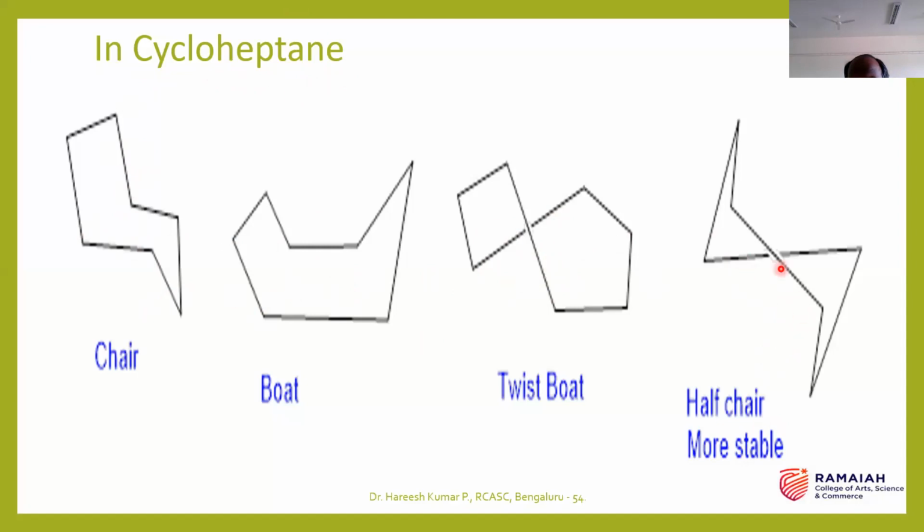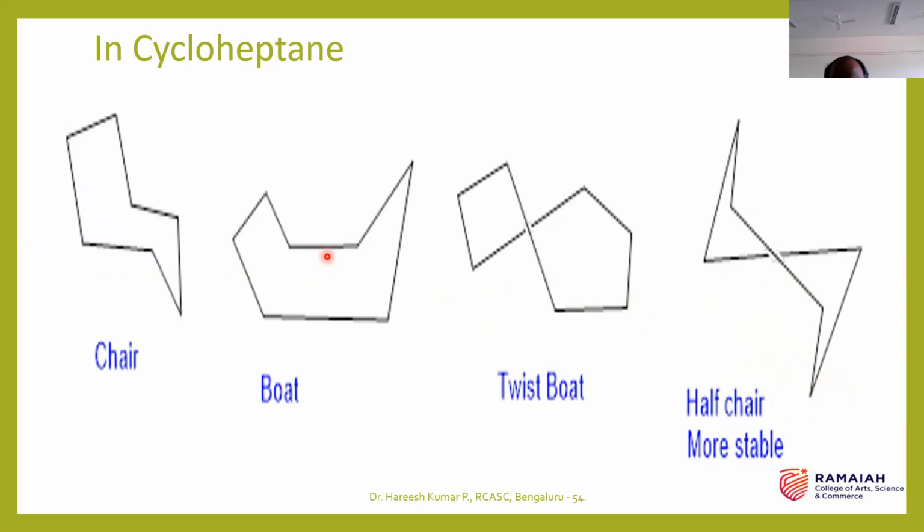Here you can observe that the carbon atoms and hydrogens are very far apart. Because of this, the half chair form is the more stable one, not the chair form. In cyclohexane, the chair form is the more stable, whereas in cycloheptane, the half chair form is the more stable, because the angle strain, bond strain, Bayer strain, Prelog strain and Pitzer strain are less in the half chair form compared to the other conformers.